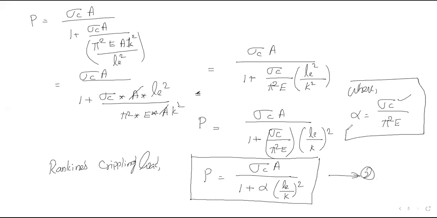With respect to that, we have one table. In the table, we have the alpha values: serial number, material, then sigma C value, then alpha value.